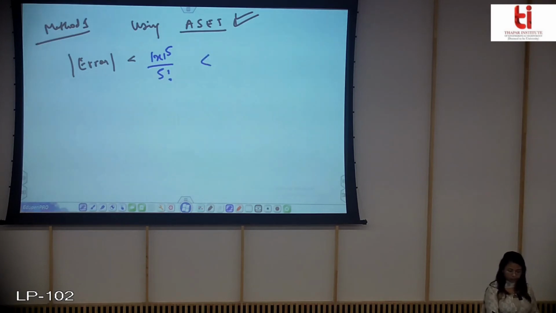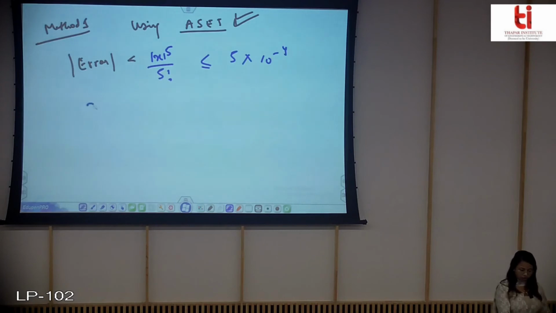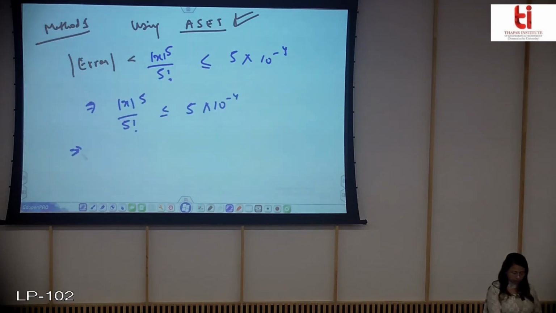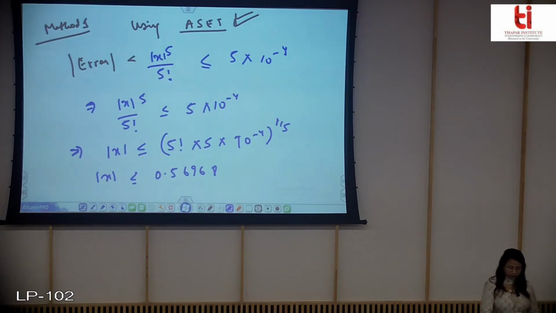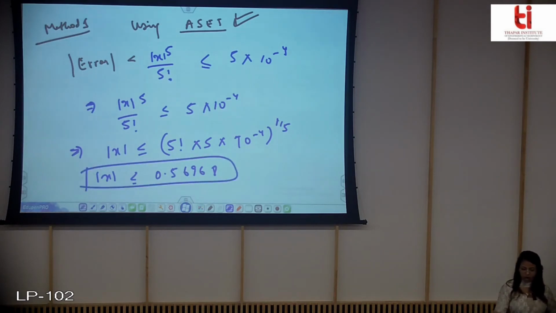Now by the question we have this error bound. So this implies that mod of x is less than 5 factorial into 5 into 10 to the power minus 4, to the 1 by 5th root. So this implies that this is less than or equal to 0.56968. Okay, so now you have got your answer.